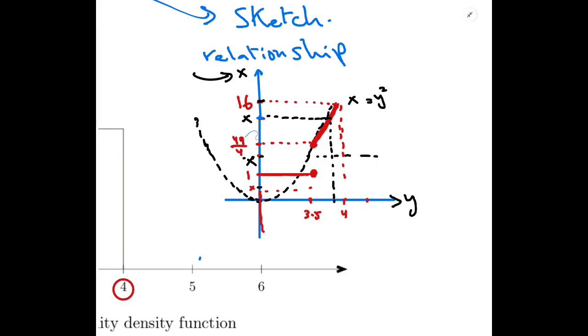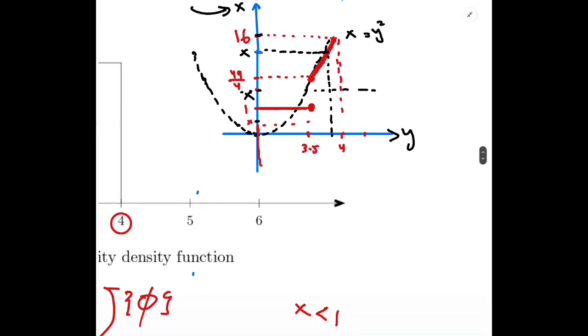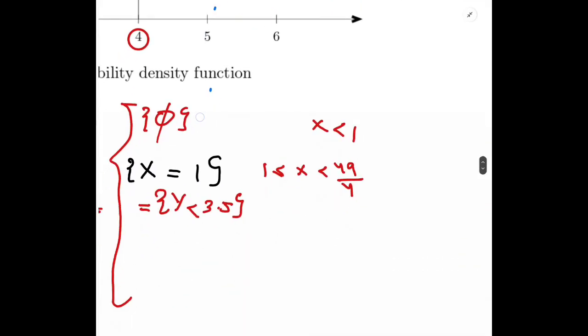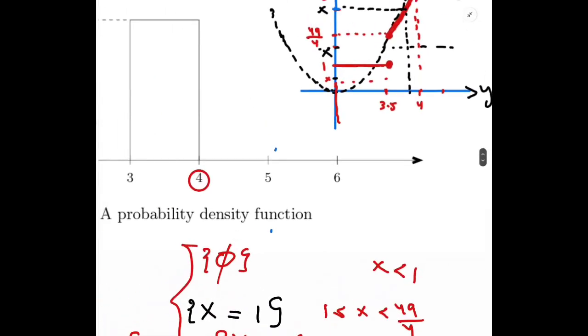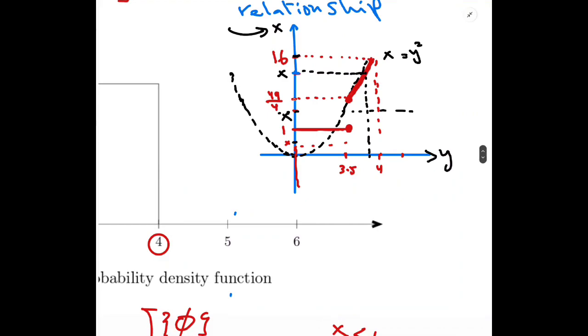It's clear that this is the piece that we're looking for. The mapping is between this point and 3.5.